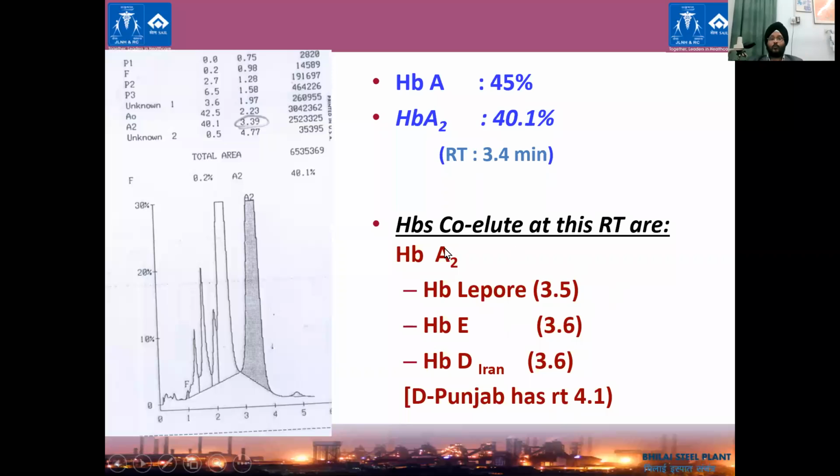One is Hb Lepore, one is HbE, one is HbD Iran. Now HbE in the heterozygous state is approximately 25%. So anywhere around 20 to 30%, it could be HbE. But what we are having here is 40%. So what could it be?